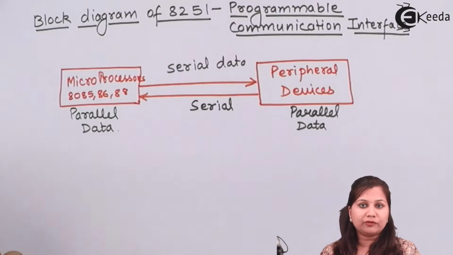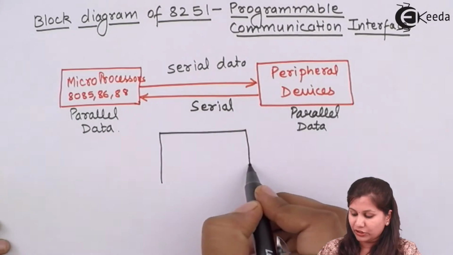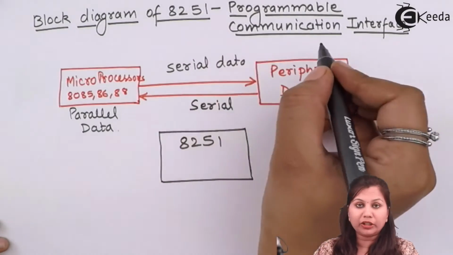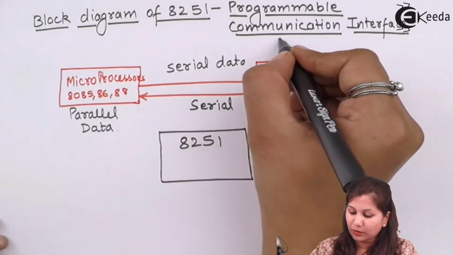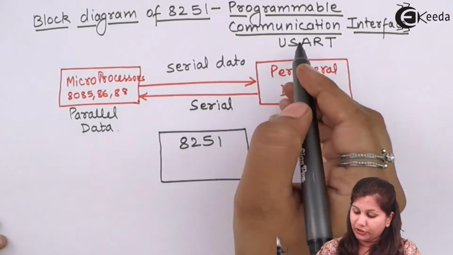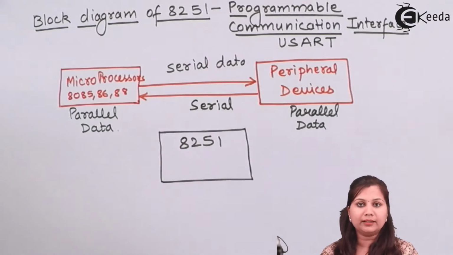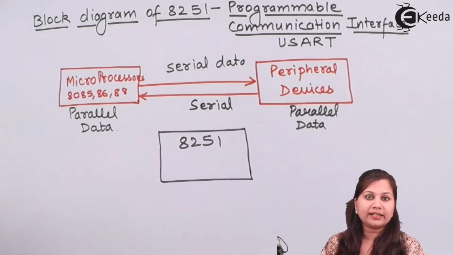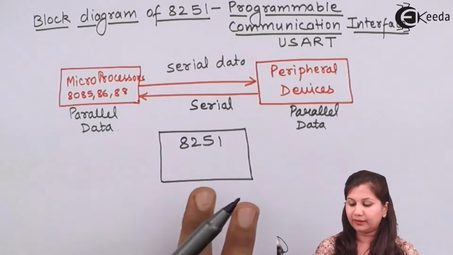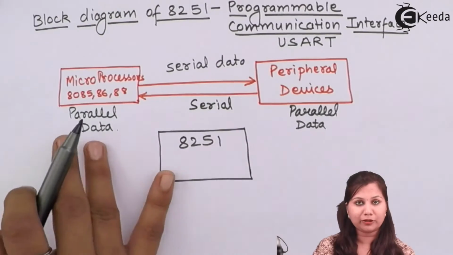So instead of doing that work itself, the microprocessor uses an interfacing device, the 8251, known as the Programmable Communication Interface, and sometimes also known as USART. This is used by the microprocessor for parallel to serial and serial to parallel conversion. So the microprocessor is free from that task, and this conversion will now be performed by the 8251. So the processing of the data will be fast by the microprocessor.